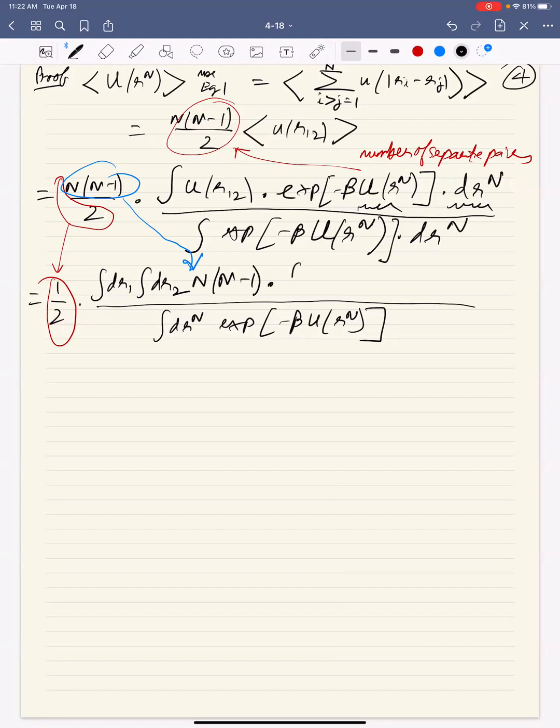What am I left with? I'm left with dRn minus 2, right? Because R1 and R2 have been accounted for. So dRn minus 2 multiplied by exp of minus beta u.